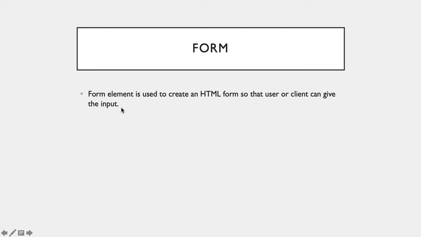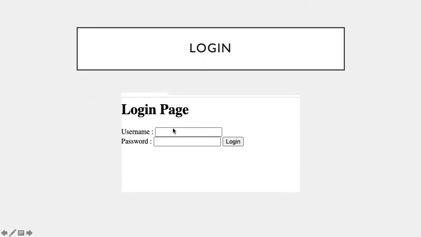If you take the Facebook example, whenever you open the Facebook site, the user can enter the username and password, and then click on the submit button. So we need to create a form like this where the customer can enter his username and password and click on the button.